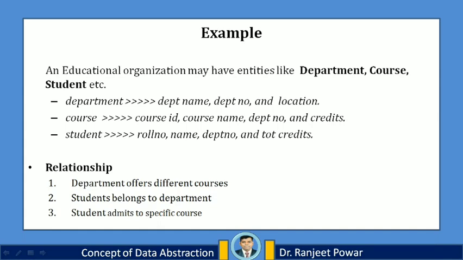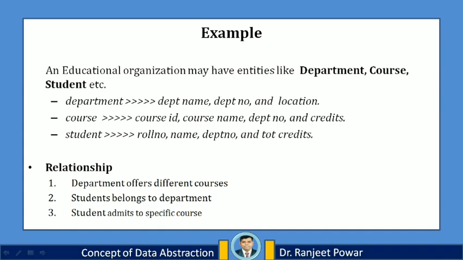If we consider example of an educational organization, an organization may have several entities like department, course, library, laboratory, students, teachers, and many more. In this example, we shall consider only three of them, that is, department, course, and student.